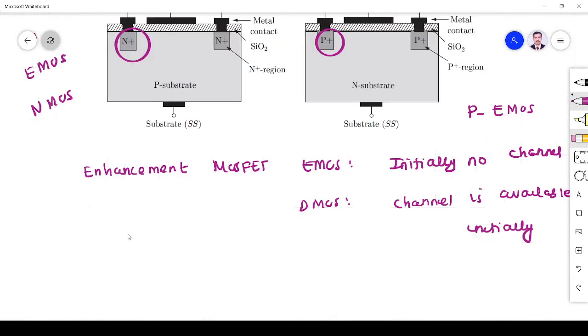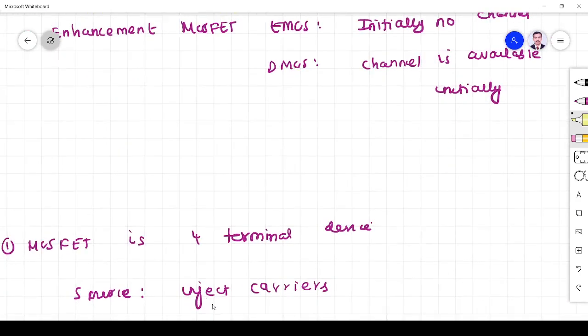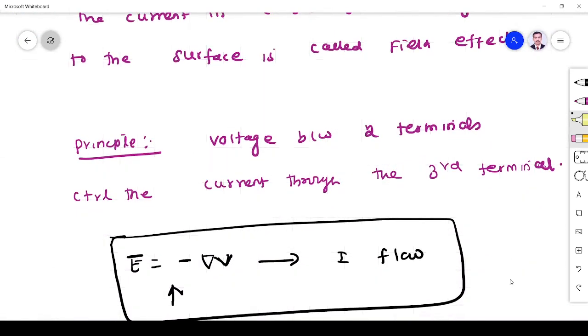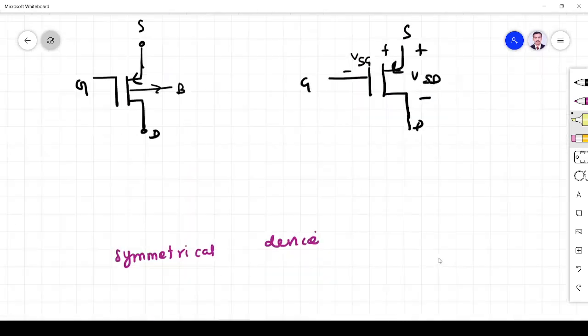Here we can see this is the source terminal, this is the drain terminal. Instead of this being the source, we can consider it as the drain, and here we can consider it as the source. That is, interchanging source and drain is possible in MOSFET, but in BJT we cannot interchange emitter and collector.